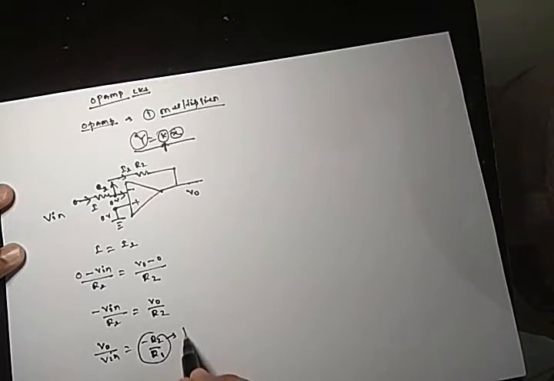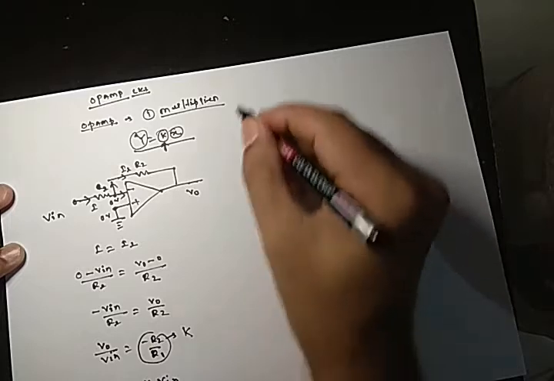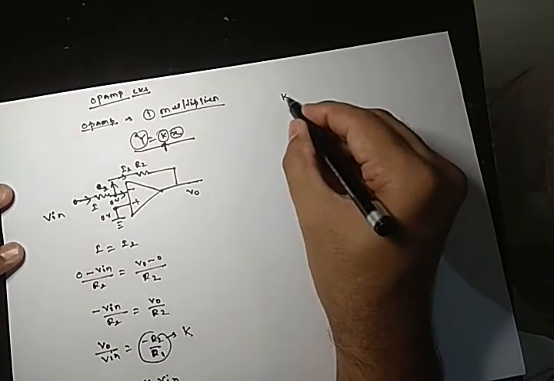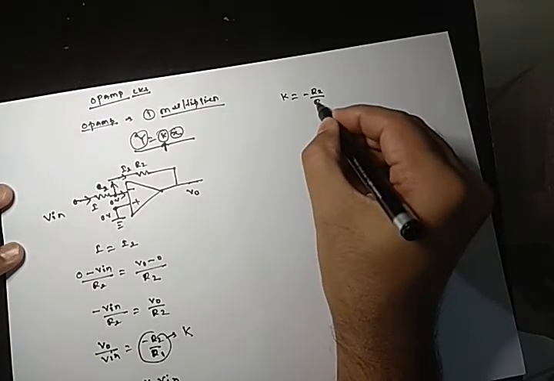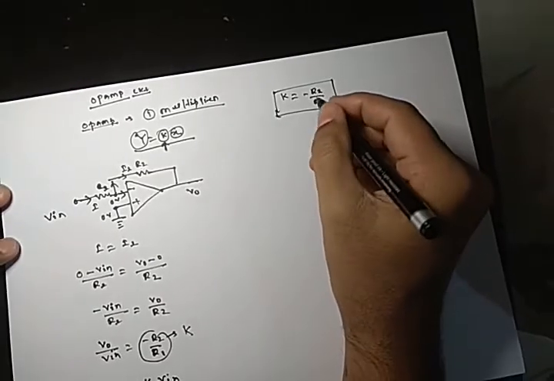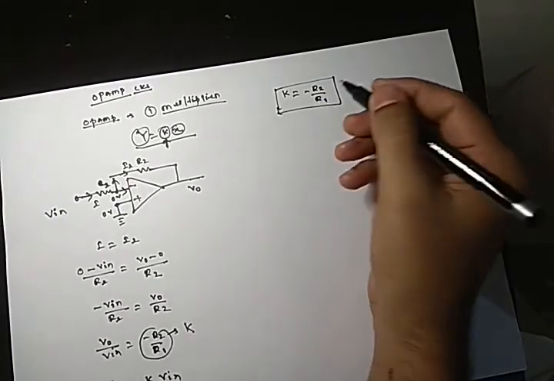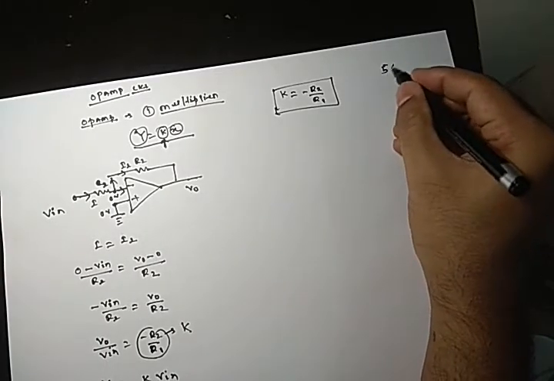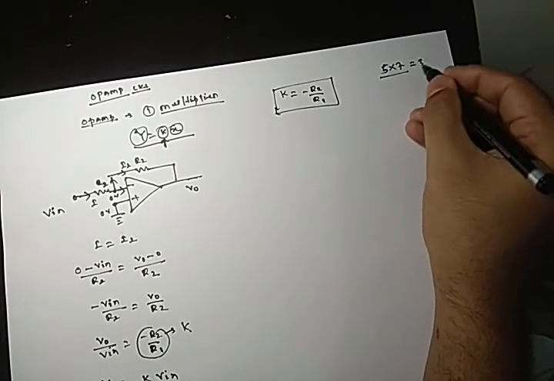Now treat this as K, then V0 equals K into Vin. Now if V0 is equal to Y, K, and Vin is equal to X, this has become a multiplier circuit. Here K is nothing but minus R2 by R1. So if we want to multiply 5 into 7, we can get 35.